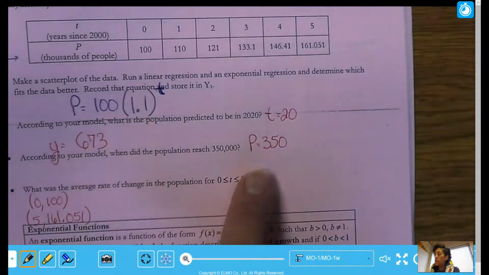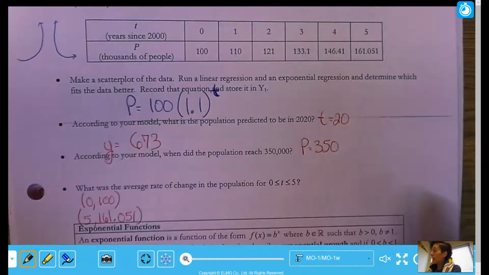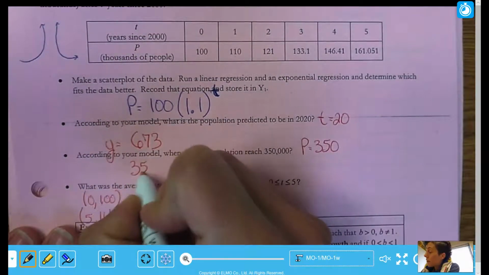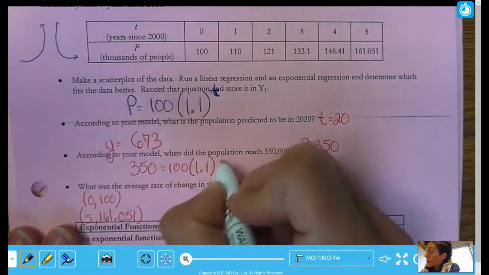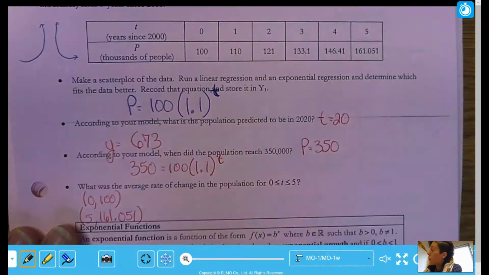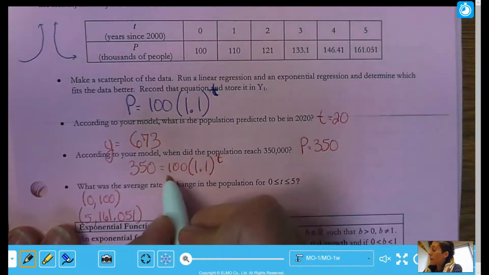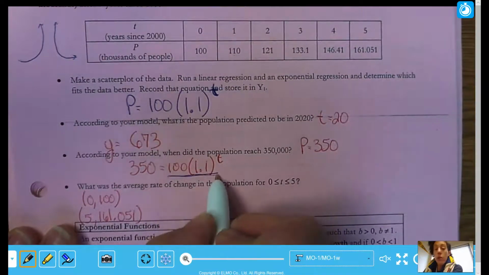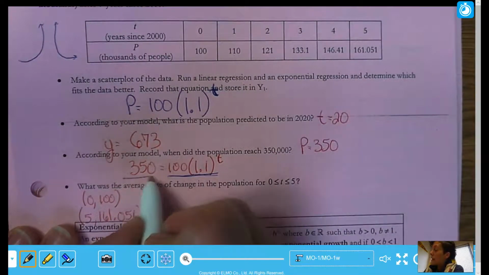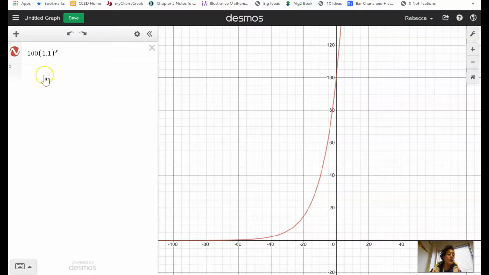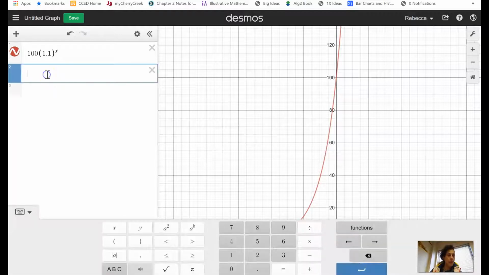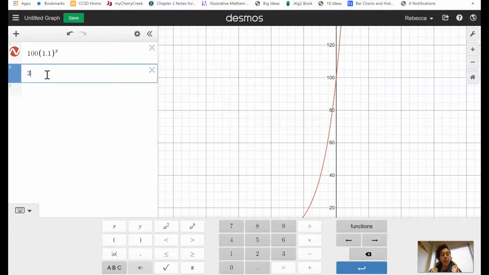What I want to do is, if 350 is going in for P, and this is my equation, we've done this many times. And what we're going to do is put one of these, you could actually use your graphing calculator as well, into y1, and one of these into y2. And in Desmos, our y1s and y2s are just different boxes. So I could just tap a different box and type in 350.